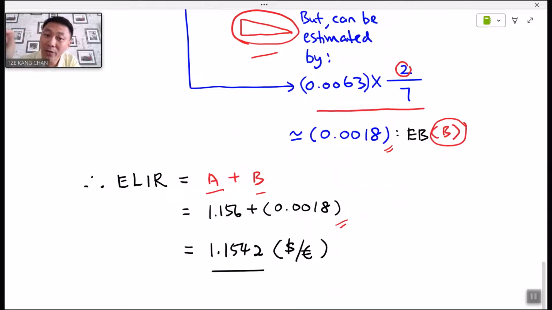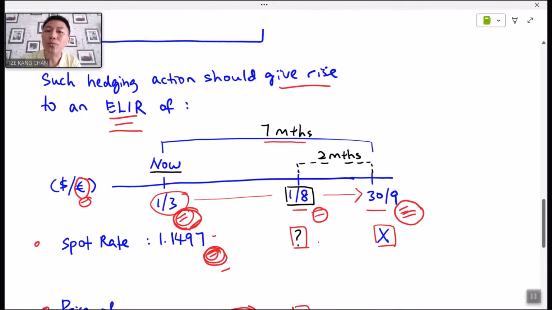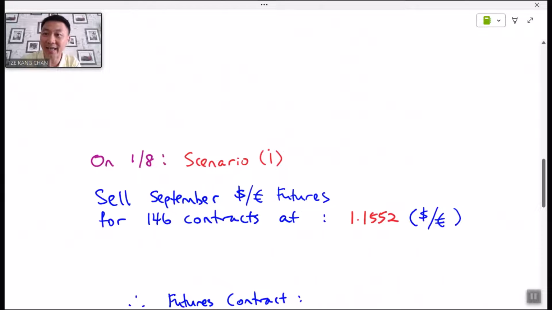So when you combine together, the estimated lock-in rate is a net result of $1.1542 per euro. Will this estimated lock-in rate be accurate? That depends whether the actual basis and the estimated basis is the same. To prove this is what part C of the questions is asking based on scenarios provided.